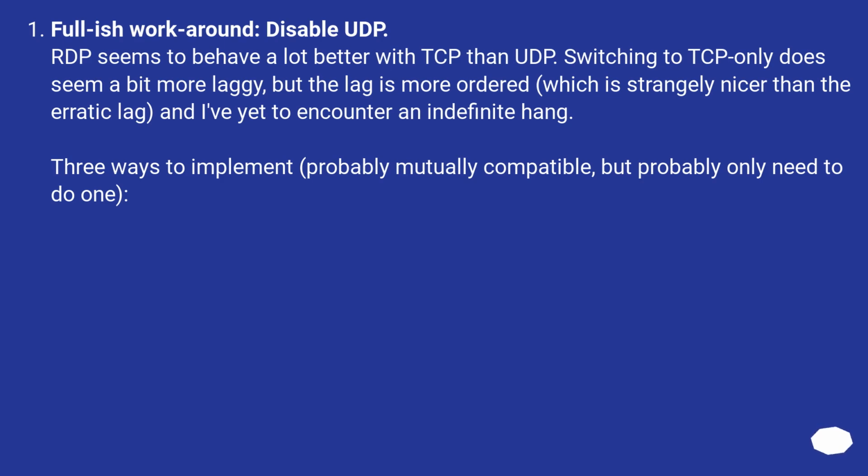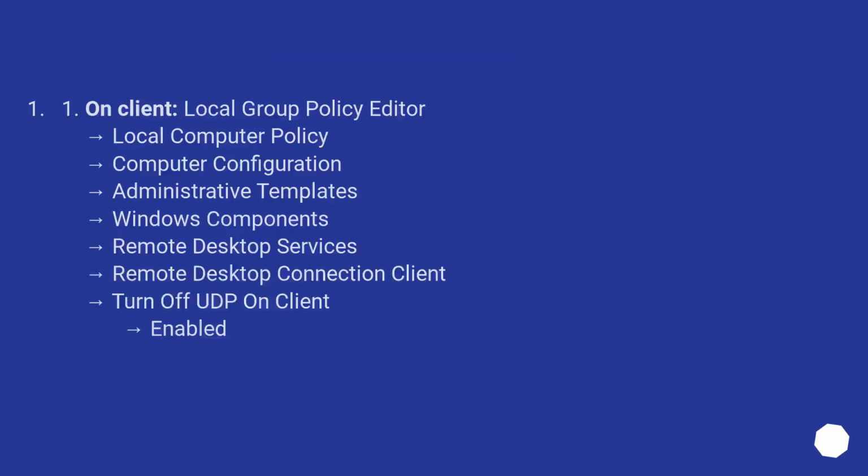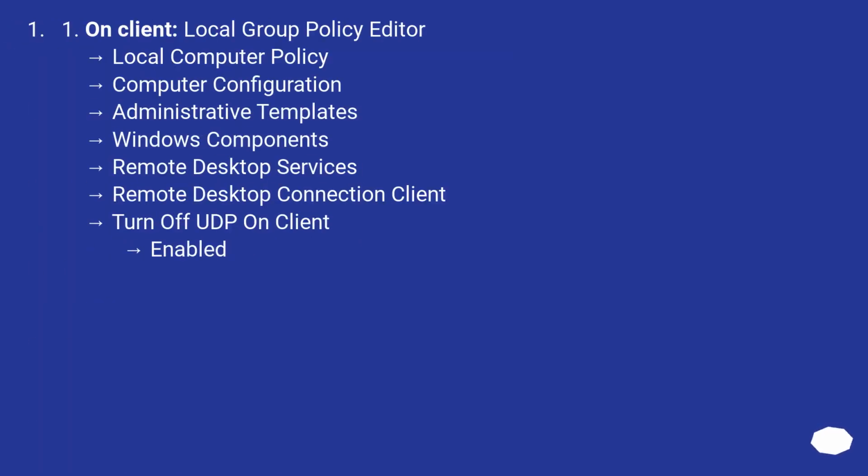Three ways to implement, probably mutually compatible, but probably only need to do one. On the client: Local Group Policy Editor, Local Computer Policy, Computer Configuration, Administrative Templates, Windows Components, Remote Desktop Services, Remote Desktop Connection Client, Turn off UDP on Client, Enabled.